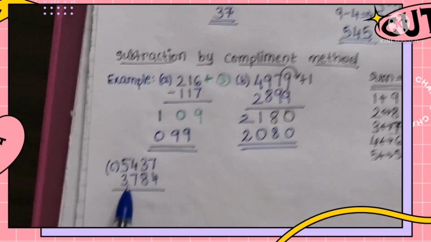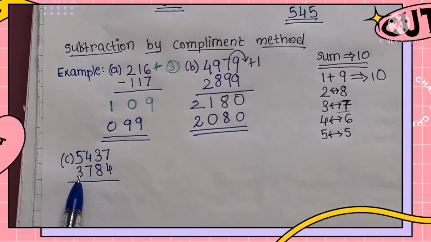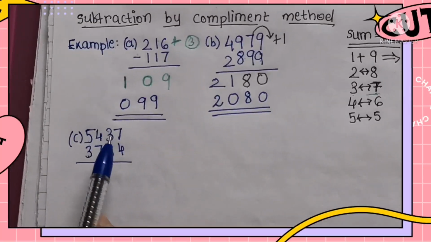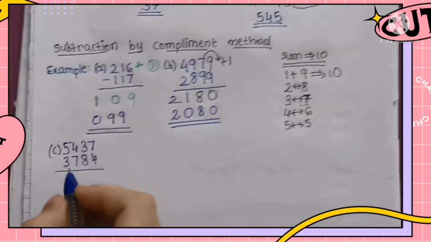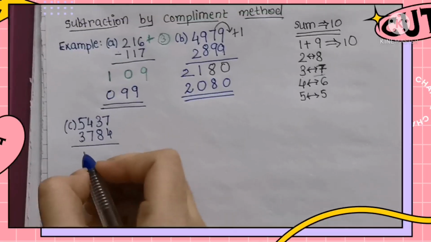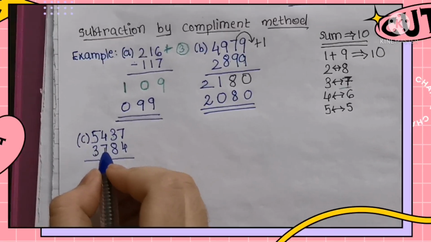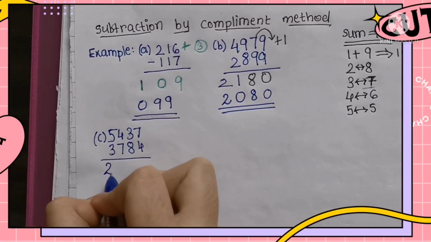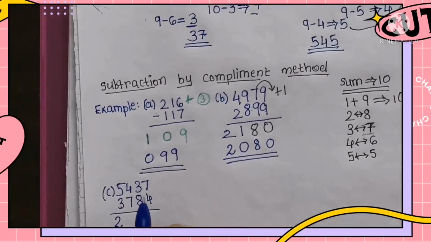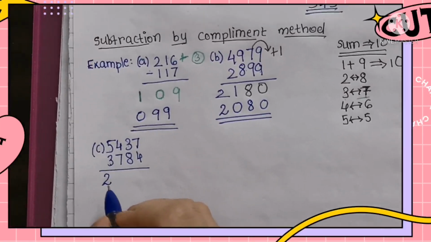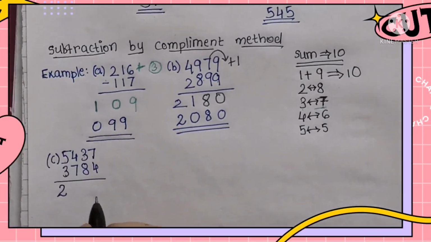Let's take one more example. Let us subtract 3784 from 5437. According to the rule, let's start from the thousands place, the left side. 5 minus 3 is 2. Moving to the hundreds place, 4 minus 7 is not possible, so we will use the complement method.